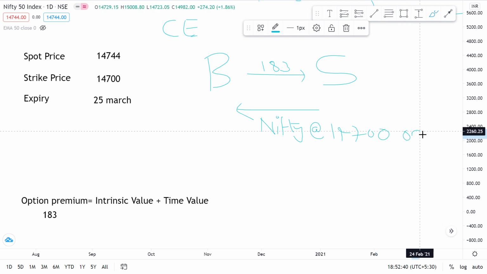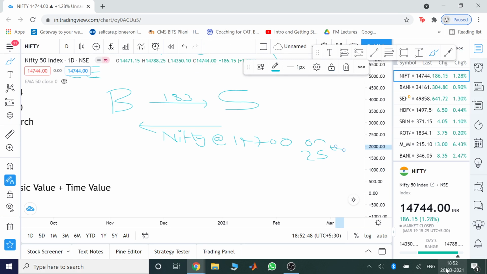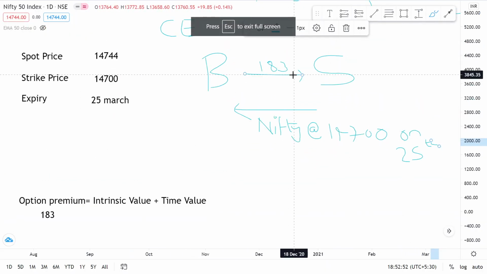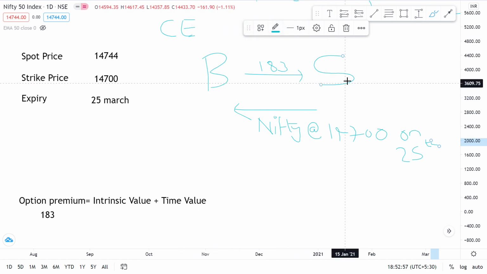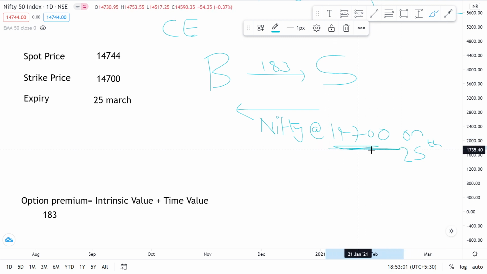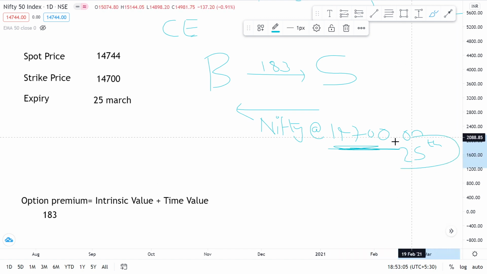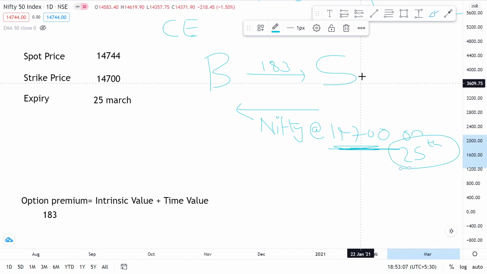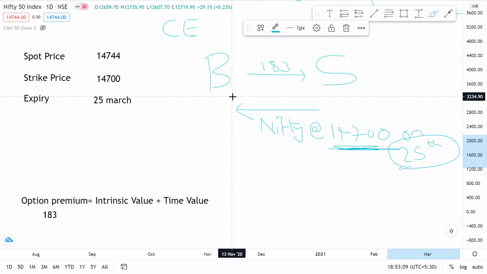on, this is the important part, on 25th March. What is today's date? Today's date is 20th of March. The seller would be selling Nifty to the buyer, so the buyer would be buying Nifty from the seller at 14,700, irrespective of the level where Nifty is on 25th. He would be getting one Nifty for 14,700.